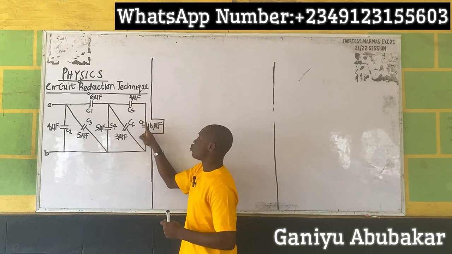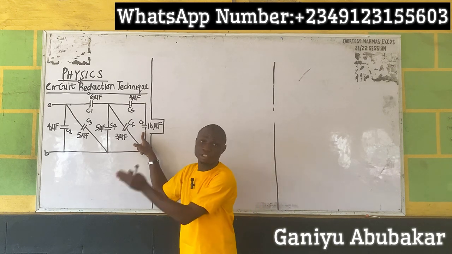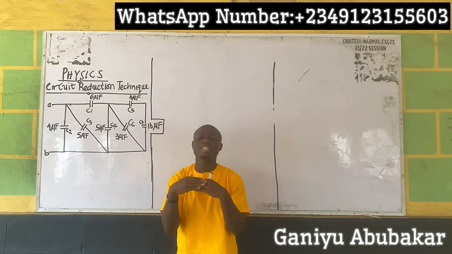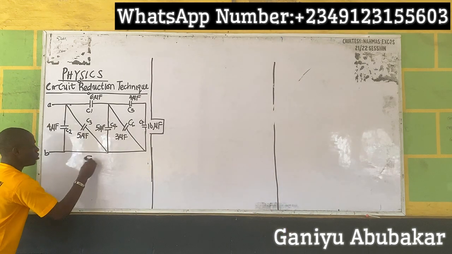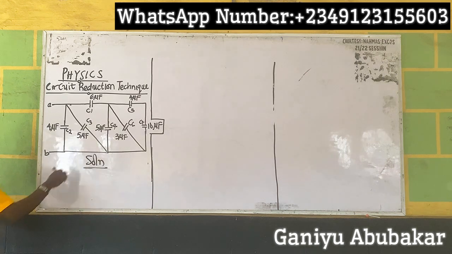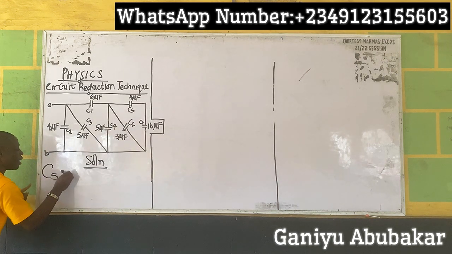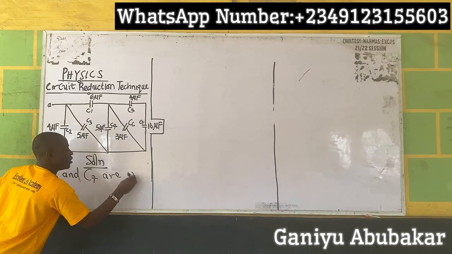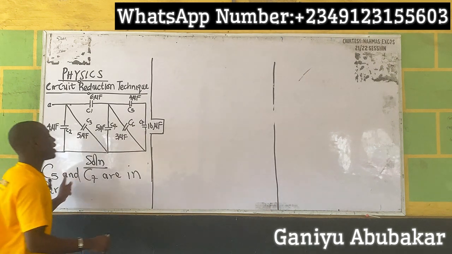We said end-to-end connection of a circuit signifies series arrangement. So C5 and C7 are connected in series.